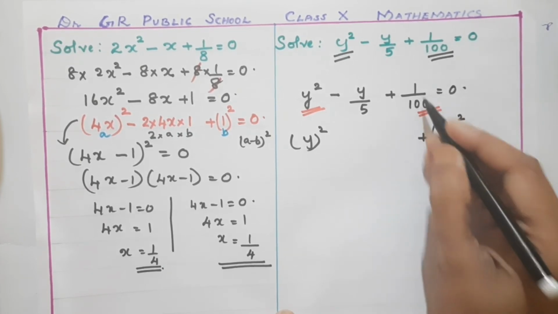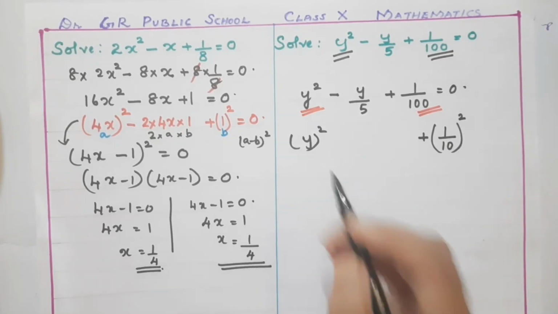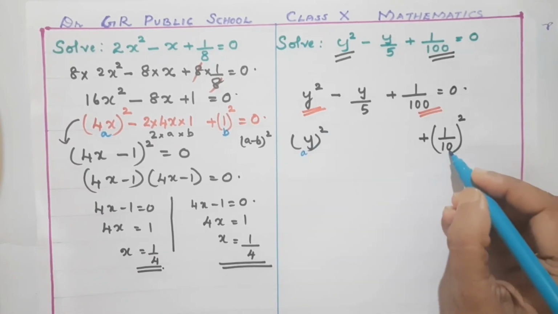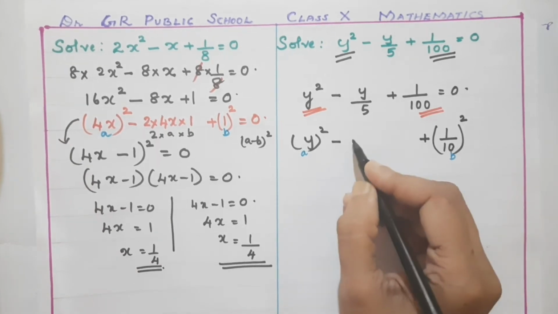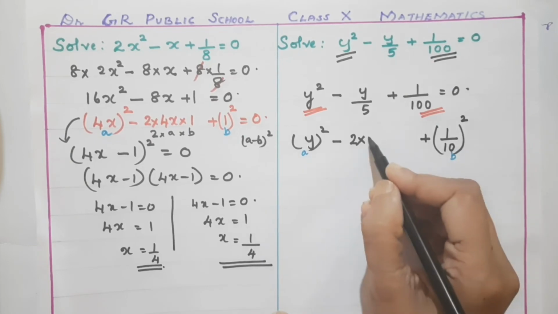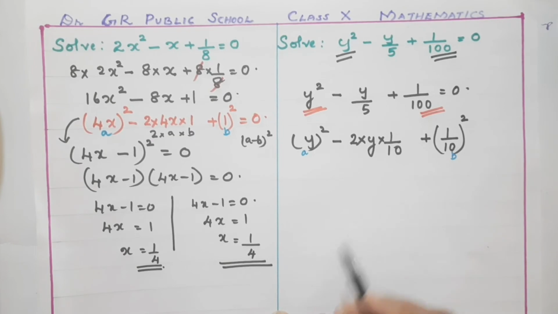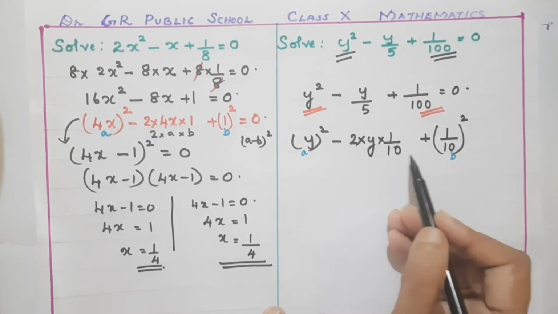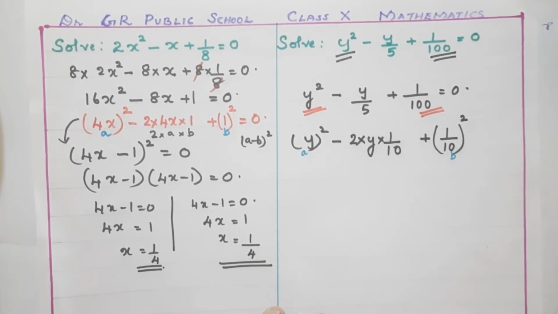Isn't it? 1 by 100 can be written as 1 by 10 the whole square. So this is a, this is a square, then this is b square. You just check the middle term, minus 2ab form. That means 2 into what is a? y, into what is b? 1 by 10. Is it y by 5? 2, 10 will cancel, this will become 5. So finally it will be y by 5.